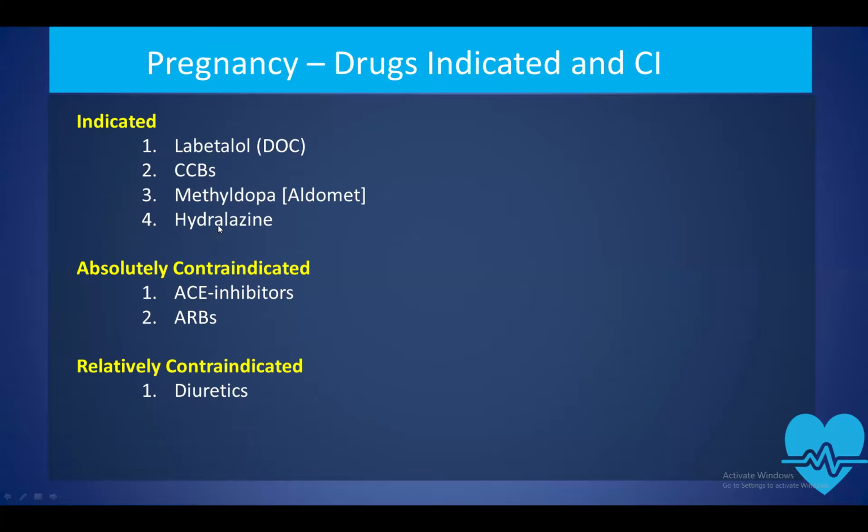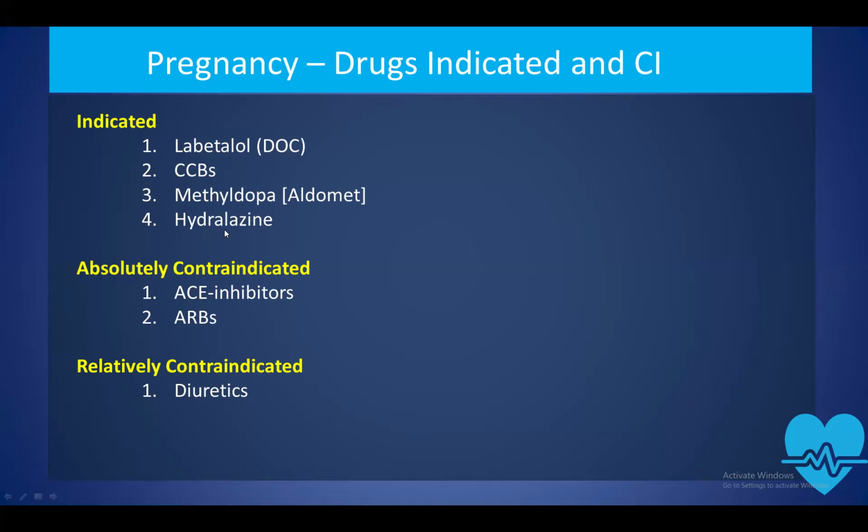Hydralazine can be used in acute severe hypertension, but remember that it is not a first-line drug in acute hypertension. It is used only when IV labetalol or IV calcium channel blockers are not available or not suitable. So if labetalol and calcium channel blockers are not available, you can use hydralazine in acute severe hypertension.